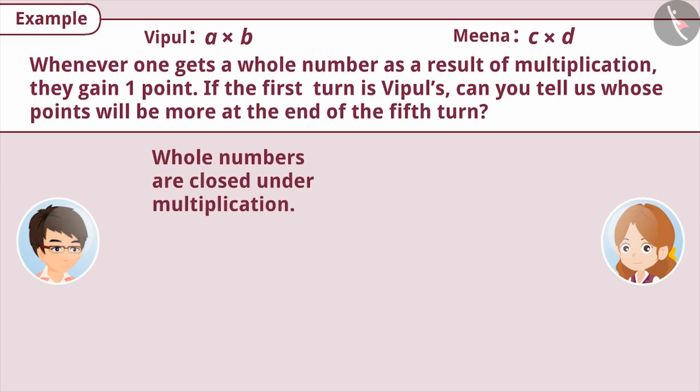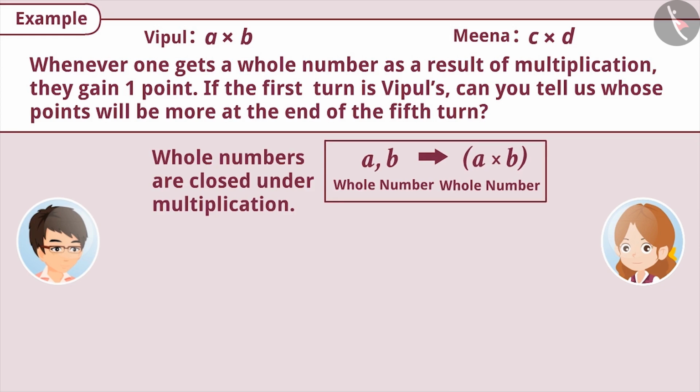Since whole numbers are closed under multiplication, that is, for any two whole numbers a and b, a multiplied by b will always be a whole number. Therefore, Vipul and Meena can pick any two whole numbers and each time they will get a whole number.